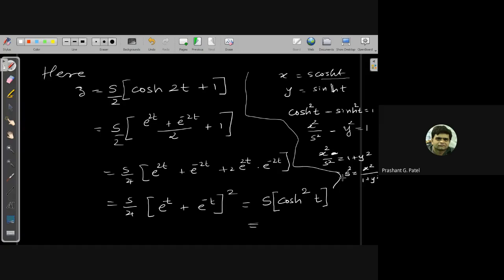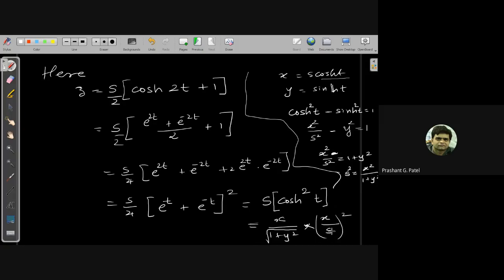The value of s is this, x by square root of 1 plus y square, into cos hyperbolic square. Cos hyperbolic is x by s, square.